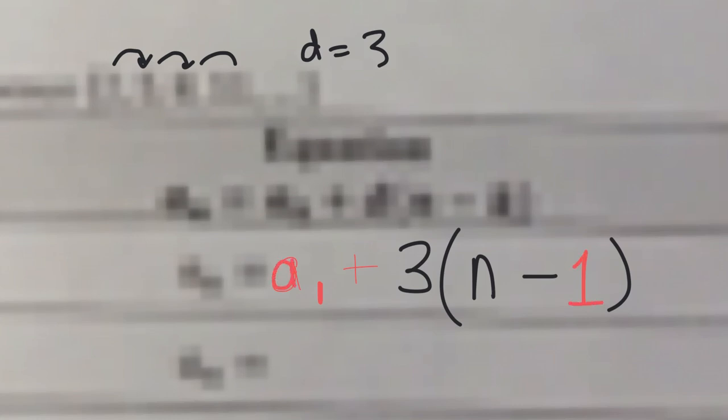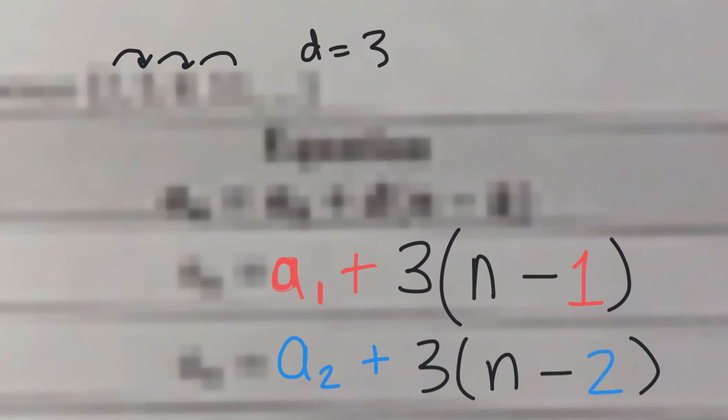So a sub 1 plus 3, as long as we know our difference, we can do this, times n minus 1. And then if we had a k value of 2, that's a sub 2 plus 3 times n minus 2, and so on and so forth. We can use this equation in case we don't know the first value. You can still write an equation even if you don't know what your first term is.